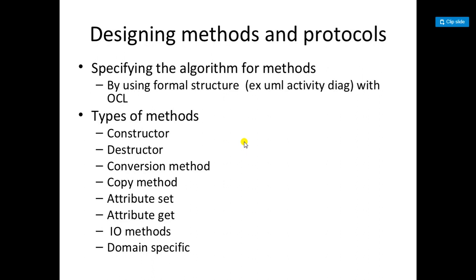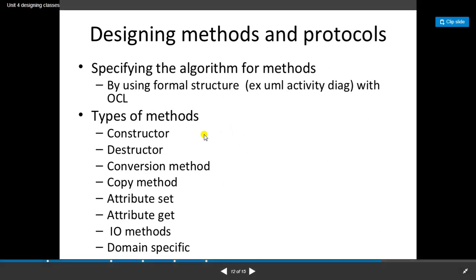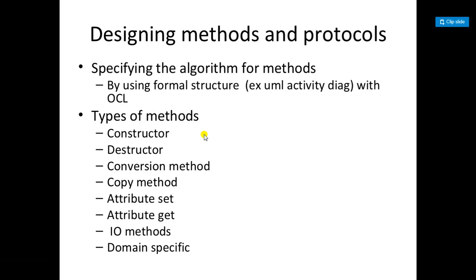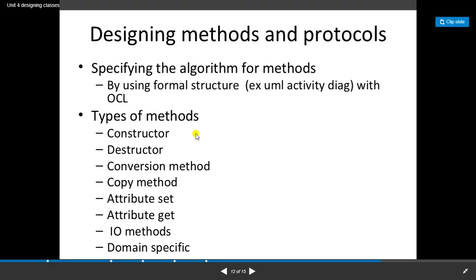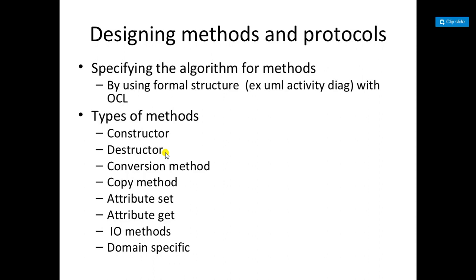A constructor is a default method in object oriented programming. Even if you do not create a constructor in the class, a default one will be created automatically. A constructor is a must in object oriented programming.